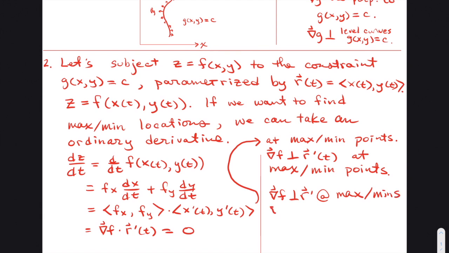The gradient of g is perpendicular to r prime always, which tells us that the gradient of f is parallel, because they're both perpendicular to the same vector, it's parallel to the gradient of g.